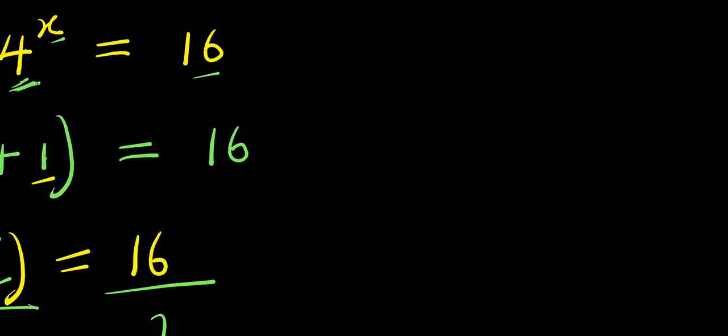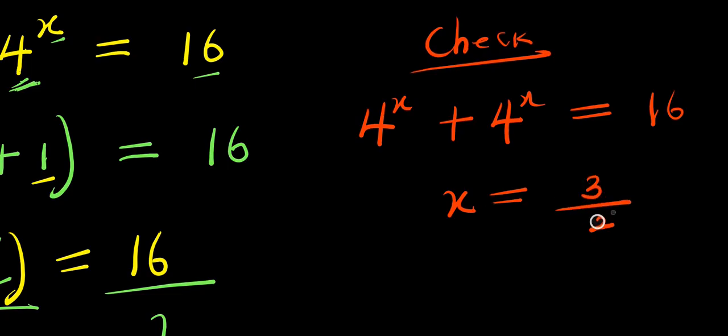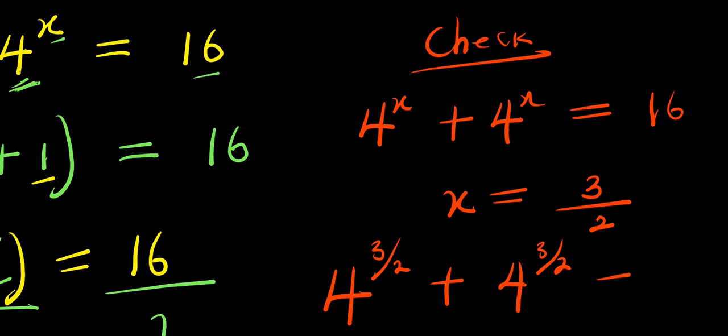So let's go ahead and check if this value will satisfy the equation. 4 power x plus 4 power x equals 16. Our x equals 3 divided by 2. That means I have 4 power 3 divided by 2 plus 4 power 3 divided by 2 equals 16.